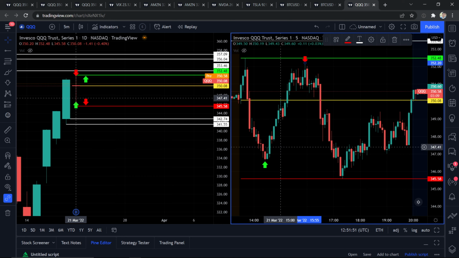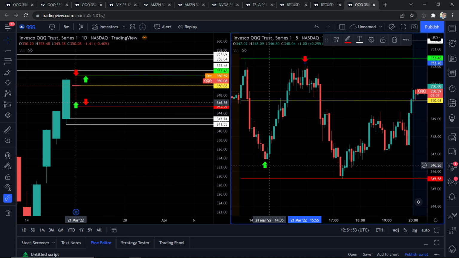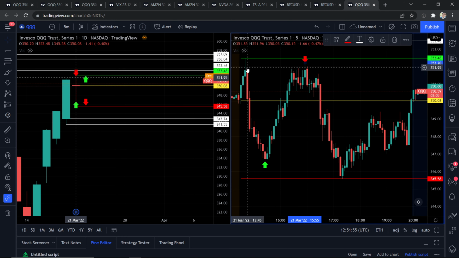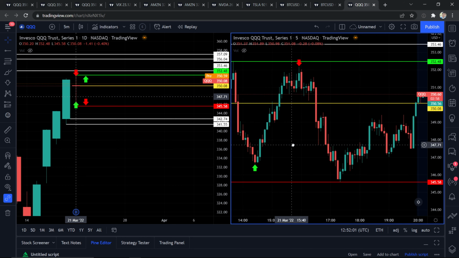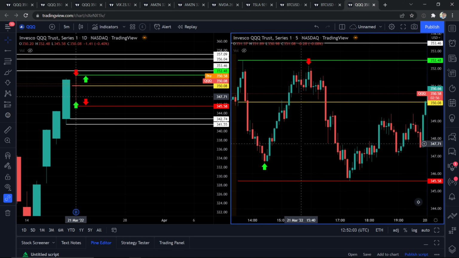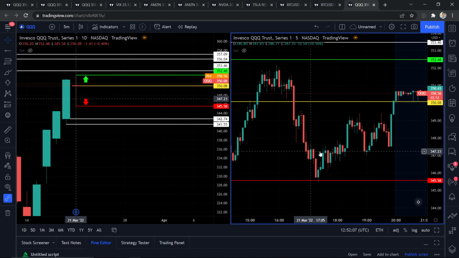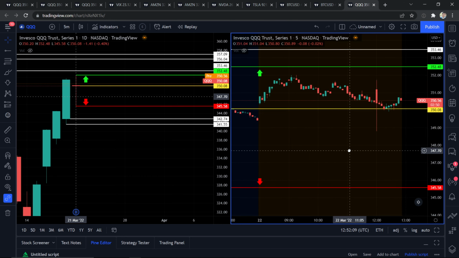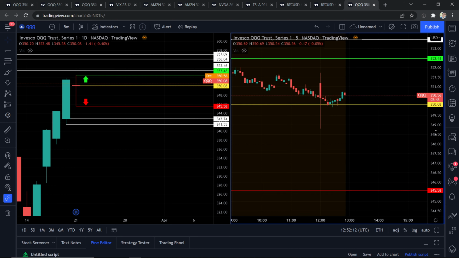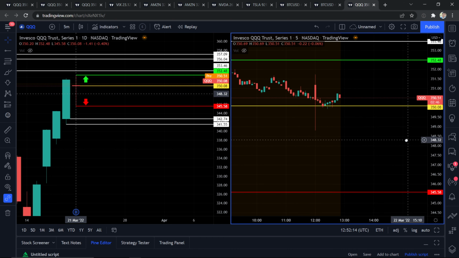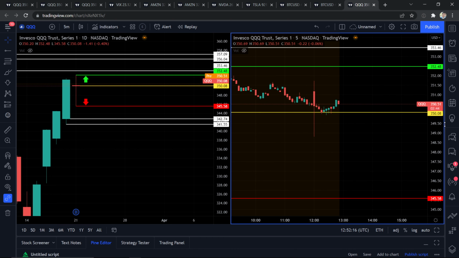So at the open, don't fall in love with a direction. Take what you can get. You had a scalp to the upside, and then you had a nice clean scalp to the downside. So don't get married to a particular direction when you're trading the open. Be quick and take your small profits and wait. Wait for direction.